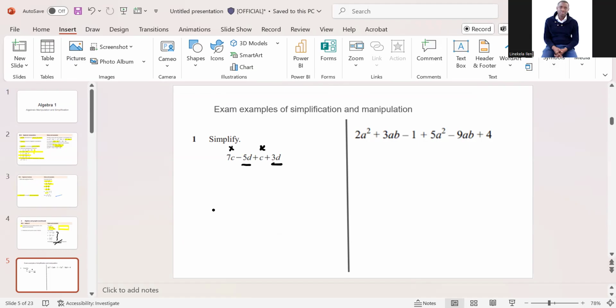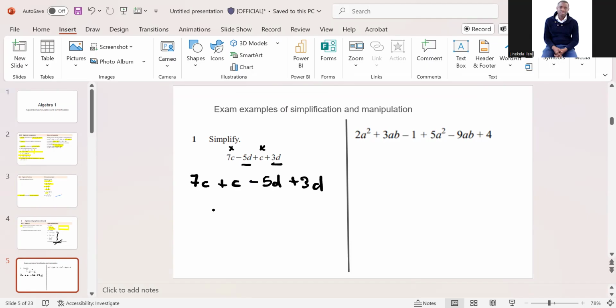So a simple expression like this, I have 7c plus minus 5d plus c plus 3d. So what I will do is I have 7c first. I'll collect the c's, and when I'm collecting them, I'm not changing the signs. Don't change the signs. Just basically drag and drop. So plus c here, and then you can see I still have my minus 5d plus 3d.